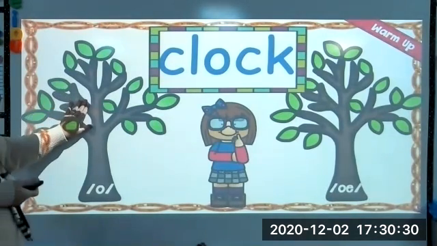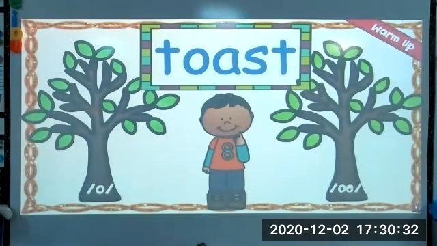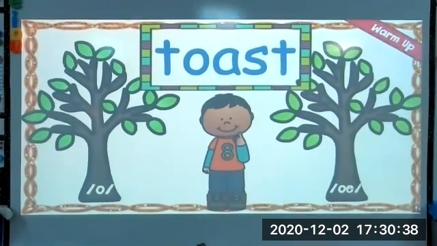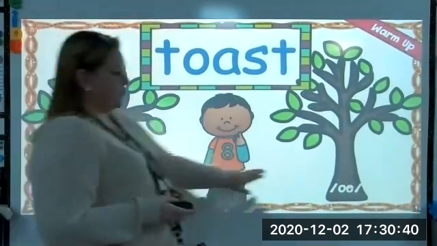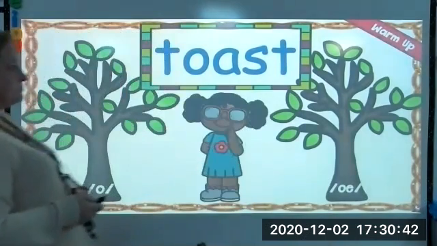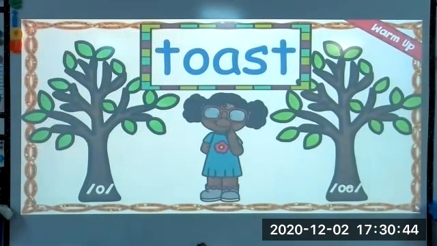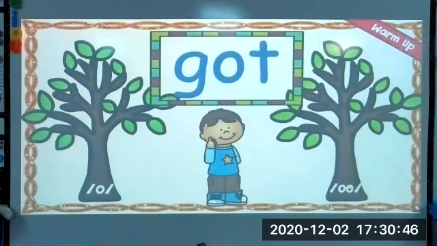That's right, it goes on the aw tree. Toast. Which tree does toast go on? It goes on the O tree. Very good.